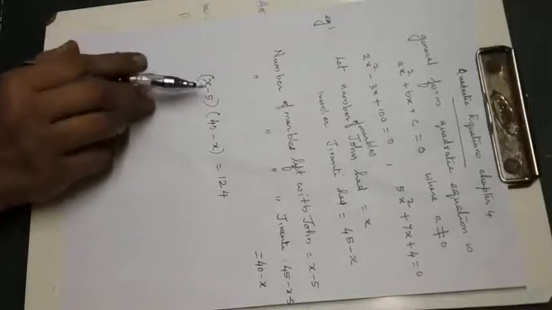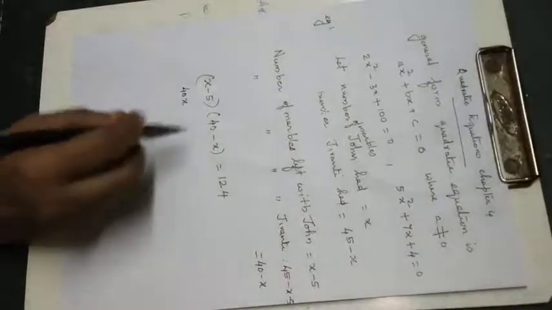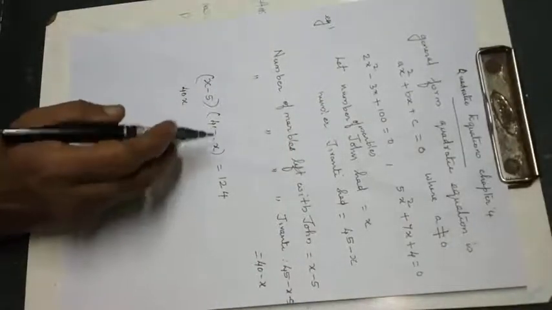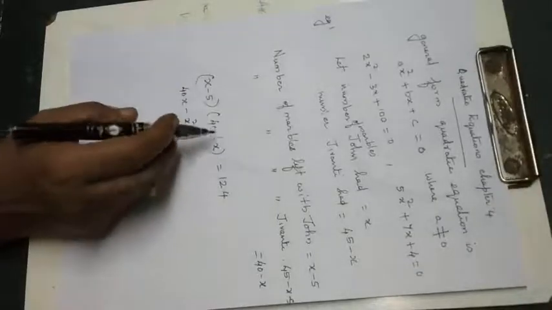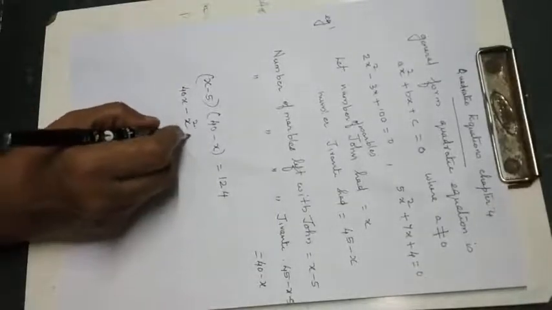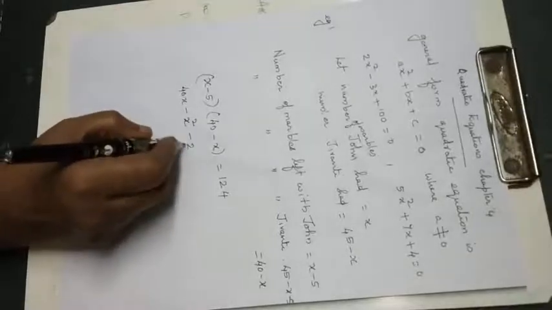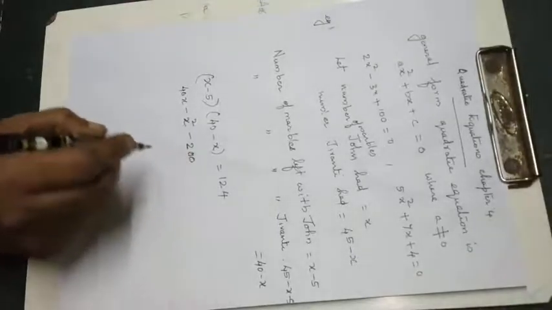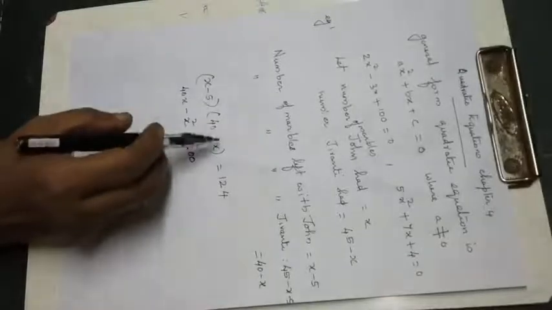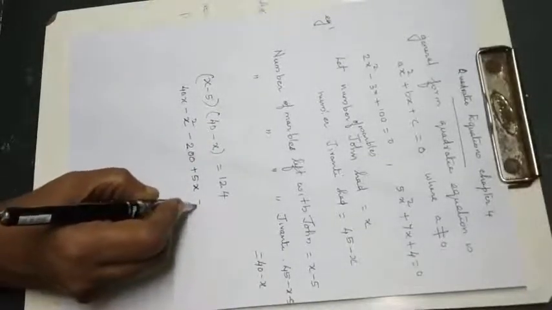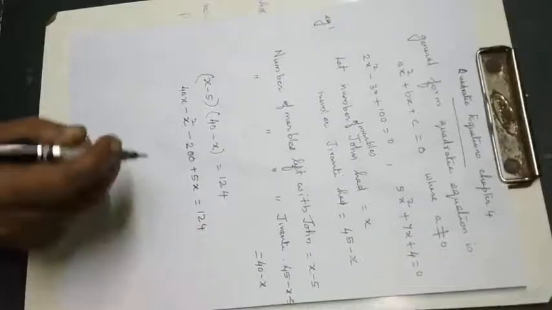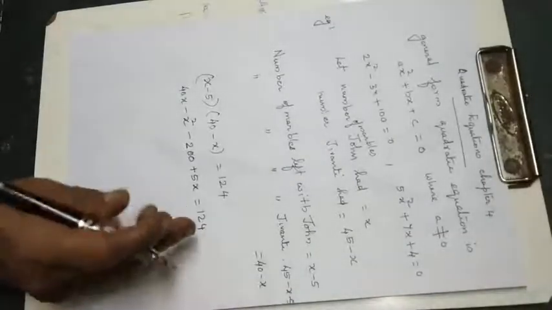So open the bracket: x into 40, 40x; x into negative x, negative x square; negative 5 into 40, negative 200; negative 5 into negative x, positive 5x; that is equal to 124. Now 124 you can take to the other side.